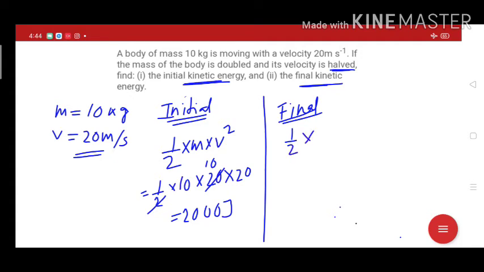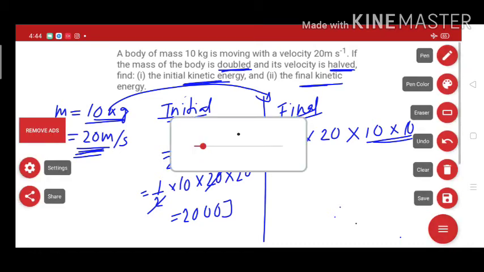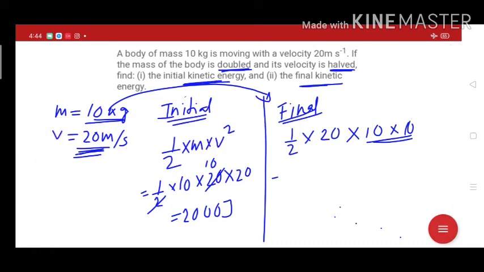And for the final, half, mass is going to be doubled. So here the mass is 20, mass is going to be doubled over here, so that is 20, and the velocity is going to be halved, that means 20 is going to be 10, then 10 into 10 because v square, half into, okay, sorry, then 2 tens are 20 and it is 1000 joule.